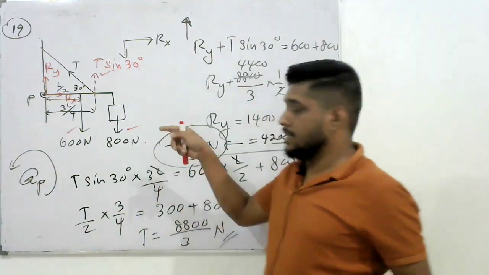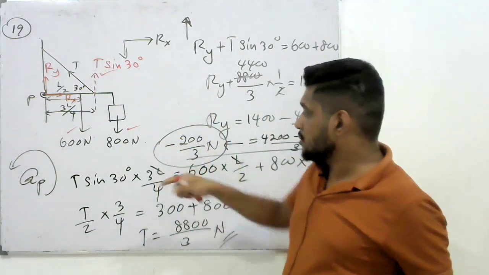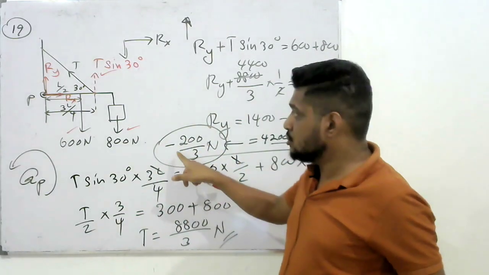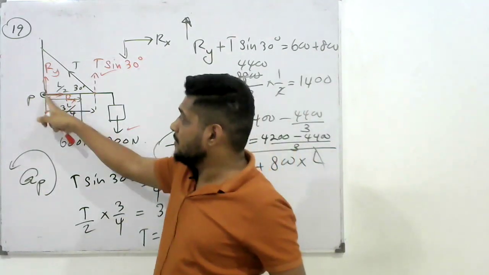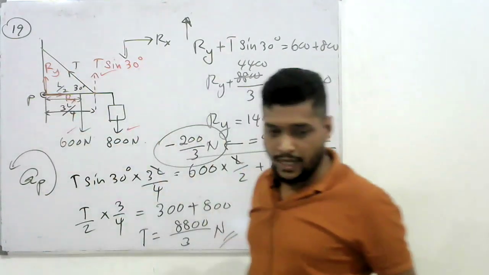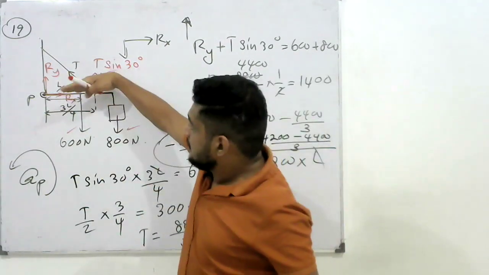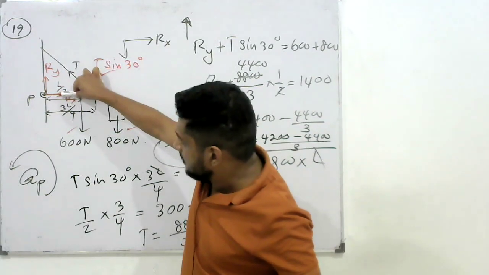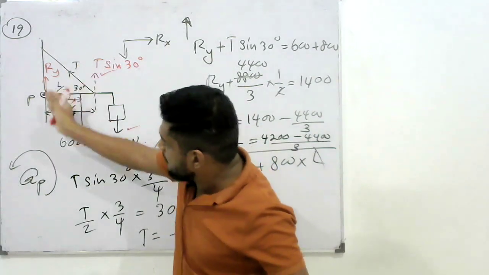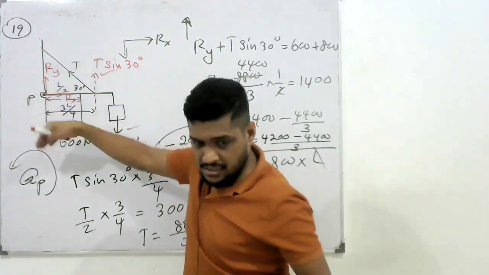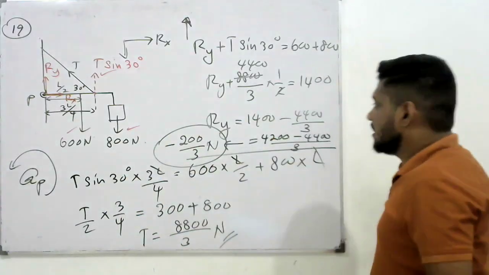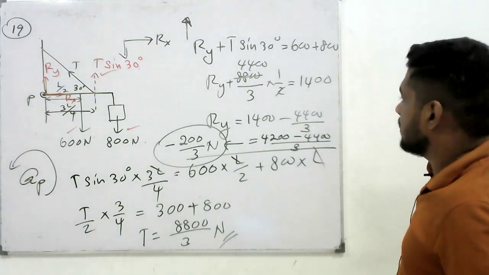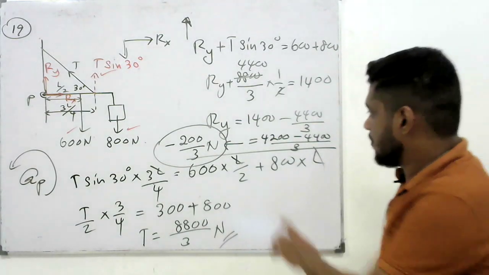The reason you get a minus value is that the reaction is not going this way, it is going this way. The reason is that the total moment, or the torque, or the twist of this rod is something like this. The joint pushes it down. That's why.